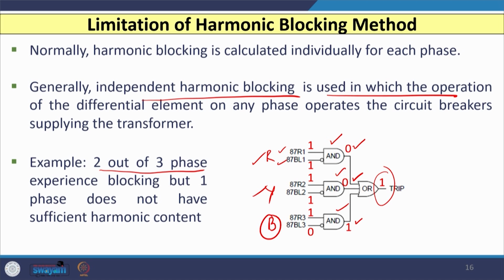This is the main limitation of the harmonic blocking method, that we do not know whether the percentage of second harmonic exceeds the threshold value in one phase or in 2 phases or in 3 phases or any combination. So, that depends on application, what type of logic we want, whether we want 2 out of 3 blocking or let us say 1 out of 3 blocking, or we want per phase blocking.